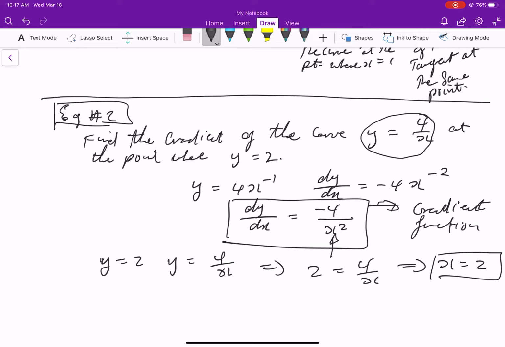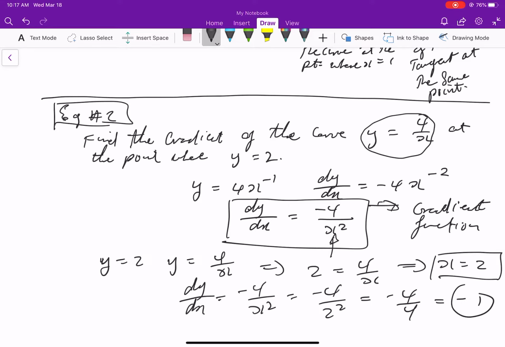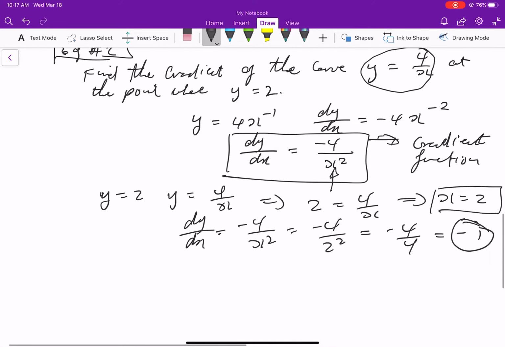And now we can take the x value, x equal to 2, and plug it into the gradient function, dy/dx, which is minus 4 upon x squared, becomes minus 4 upon 2 squared, which gives me minus 4 upon 4, or minus 1. The minus 1 is the gradient of the curve. And by the way, at this point, I have both coordinates for the point, both the x and the y coordinate.